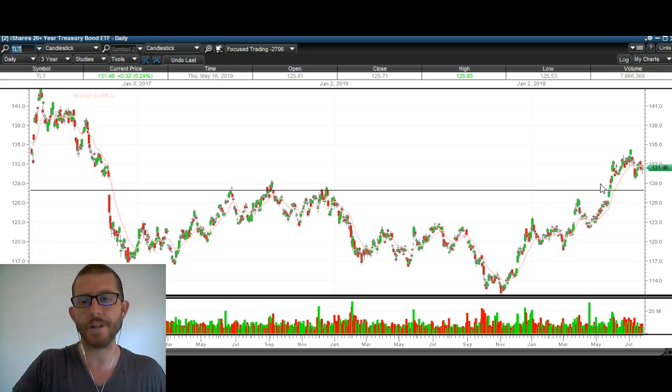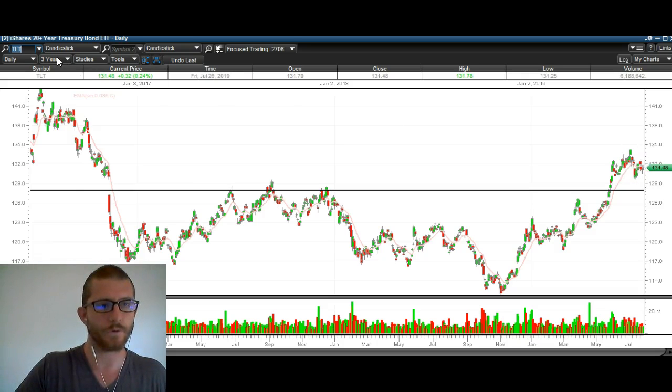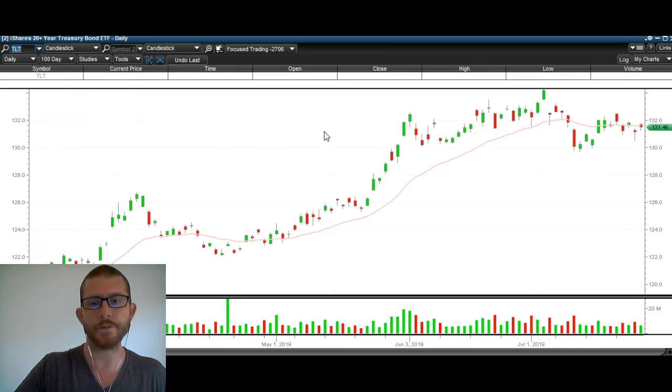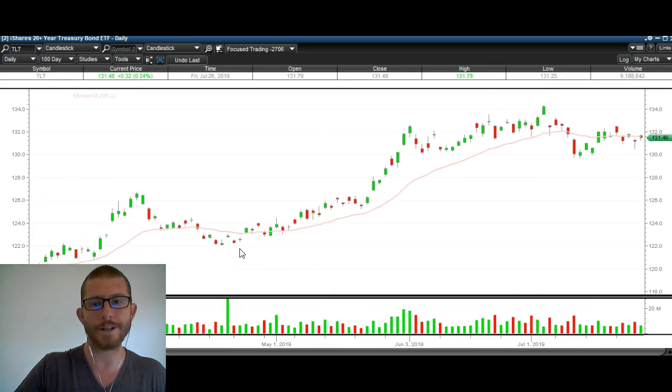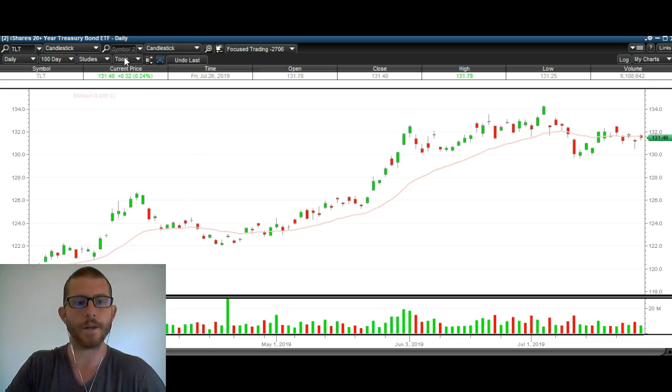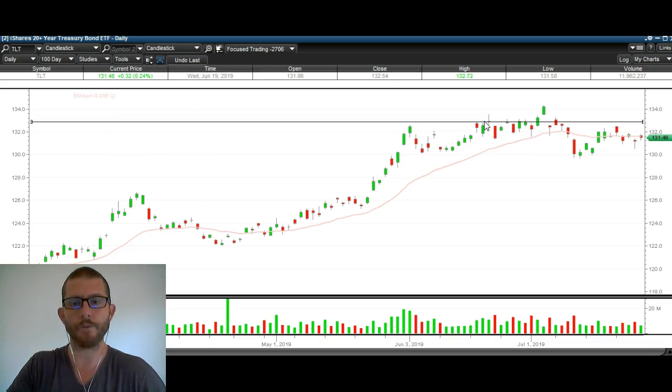Then we proceeded to head higher. And I'll discuss the more recent action right here for you. Okay, so I'm going to boil it down to about 100 days, and as you can see, we're clearly in an uptrend. But right now, what we're seeing is a little bit of a false breakout.